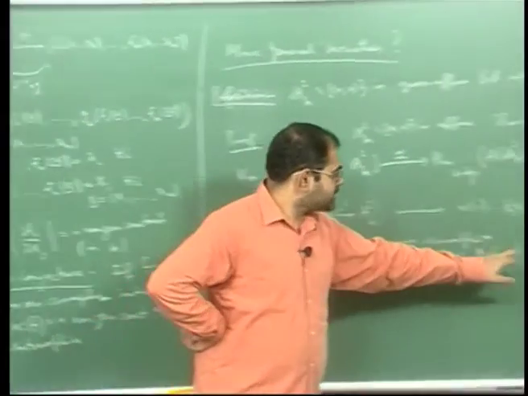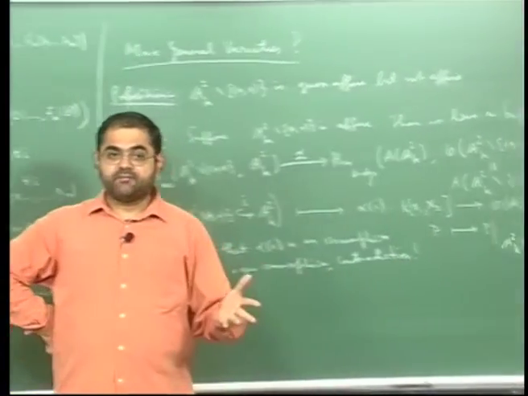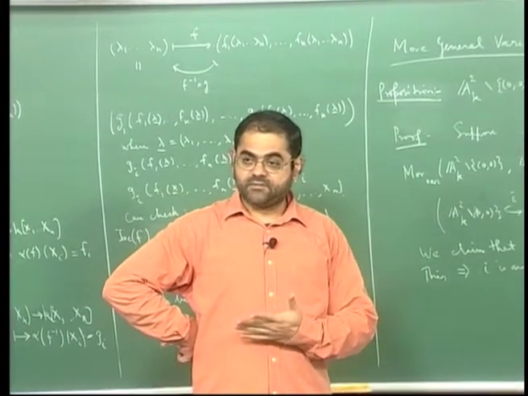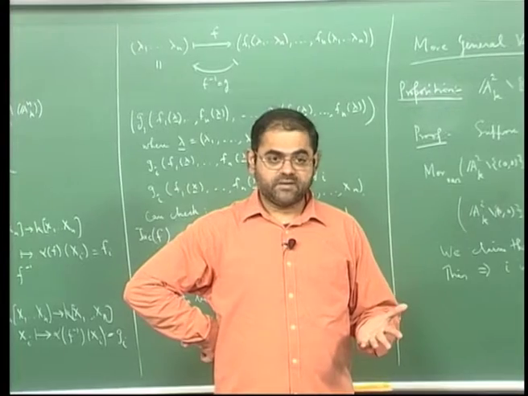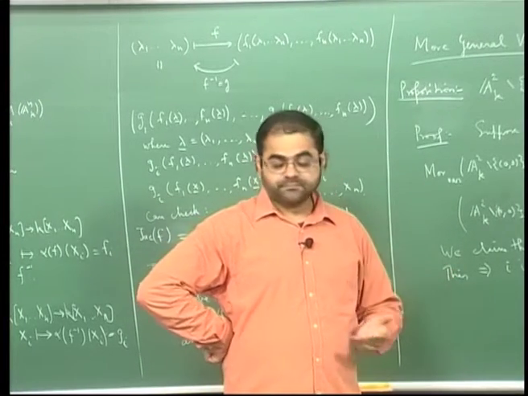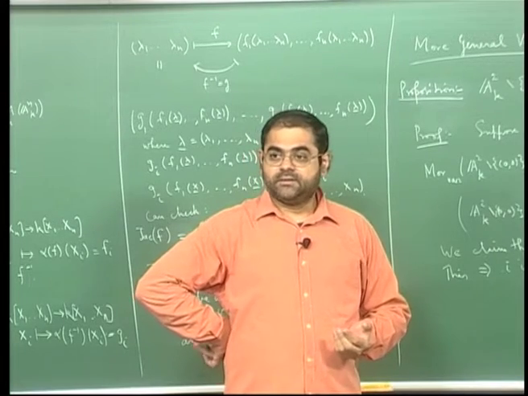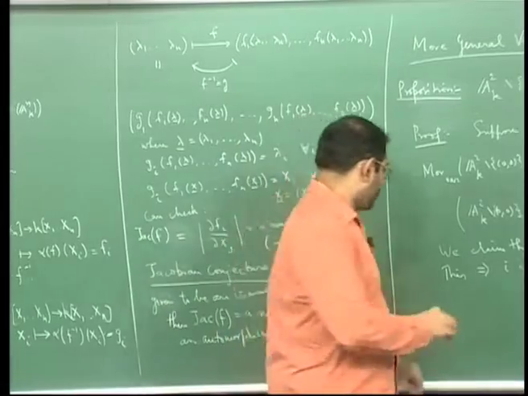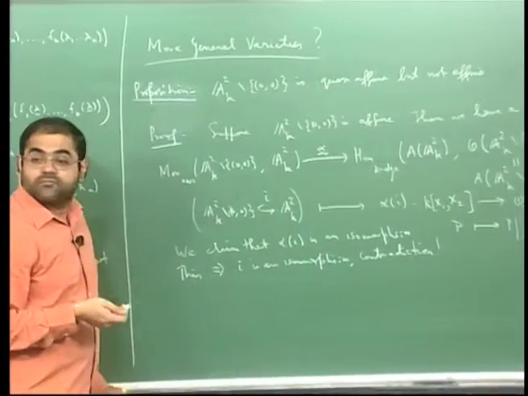So this polynomial as a function vanishes everywhere, and in this case, because we are working with an algebraically closed field, which is infinite, if a polynomial vanishes as a function, then it has to vanish as a polynomial. So that tells you that alpha of I is injective.